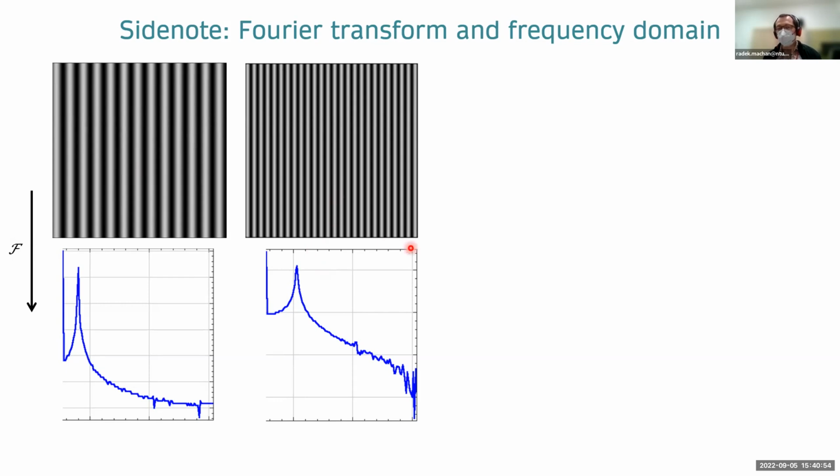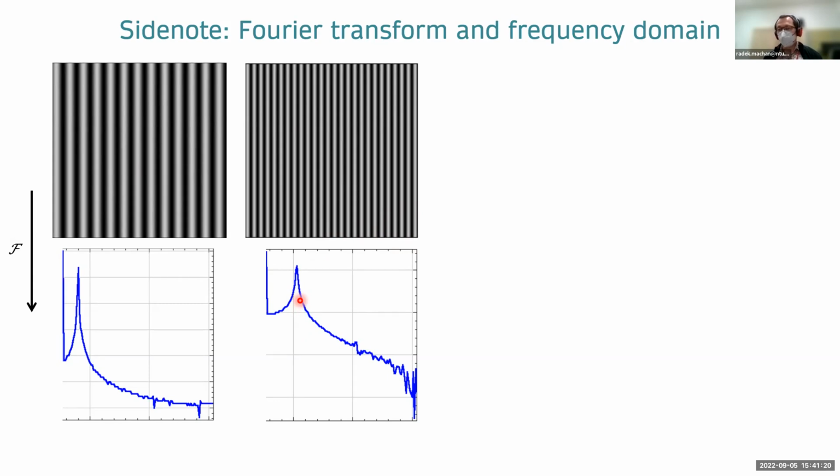It doesn't have to be a periodic structure, because any distribution of intensity, any structure, can be expanded in a series of harmonic functions. That is what is called the Fourier transform.